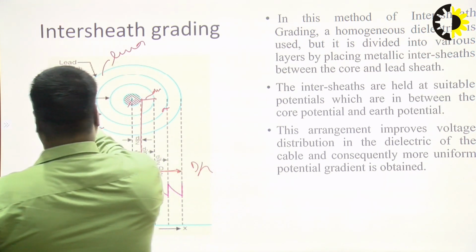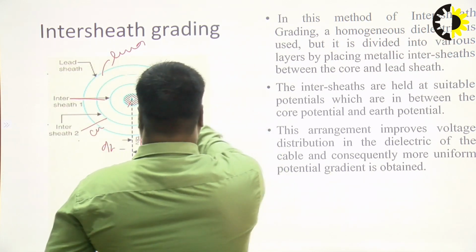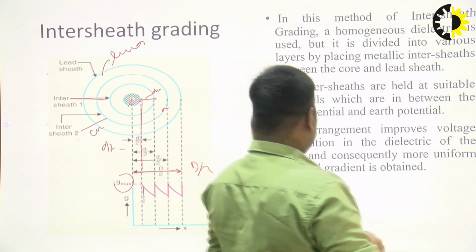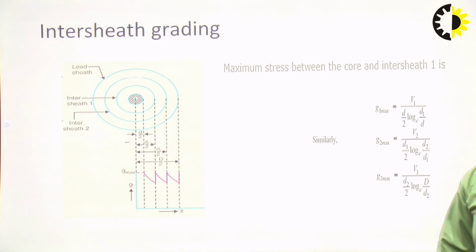This is the intersheet 1, and this is the intersheet 2, and the other part is the lead sheet. So the intersheets are held at a suitable potential between the core potential and the earth potential. This arrangement improves voltage distribution in the dielectric of the cable, and consequently a more uniform potential gradient is obtained.